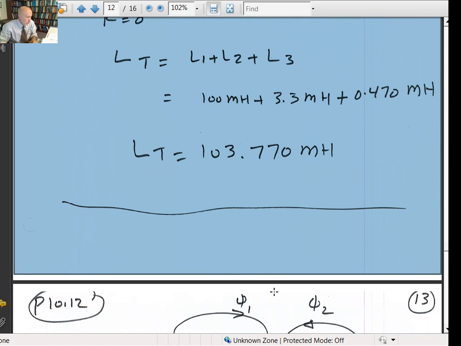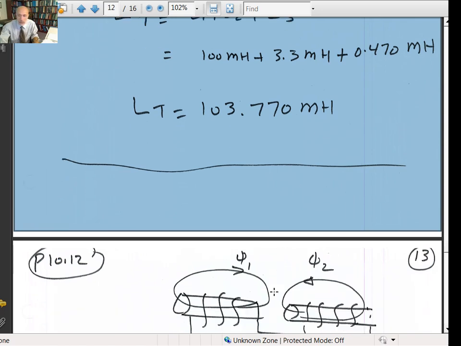And number 12, it says the inductances shown in figure 10-45B are connected in a series opposing fashion. Assuming that the coefficient of coupling between the two is 0.33, calculate the total inductance in the circuit.